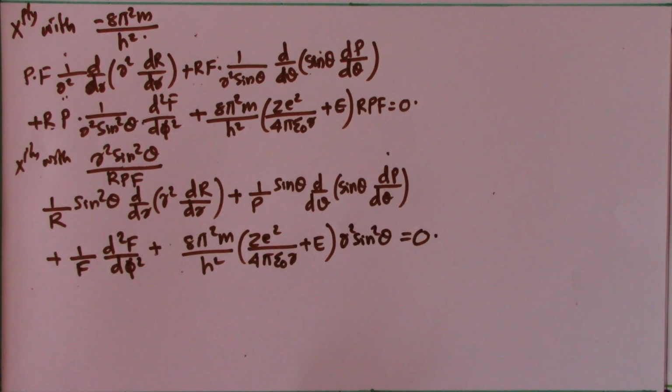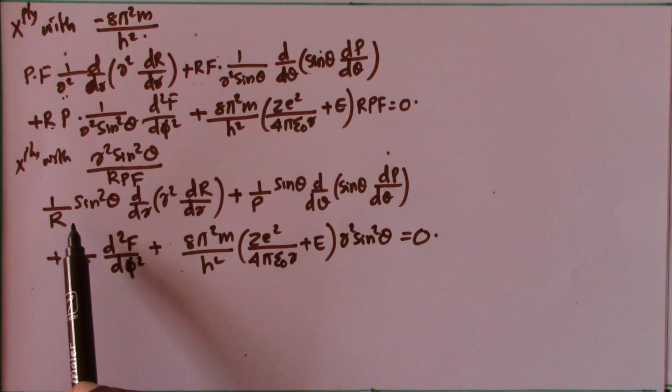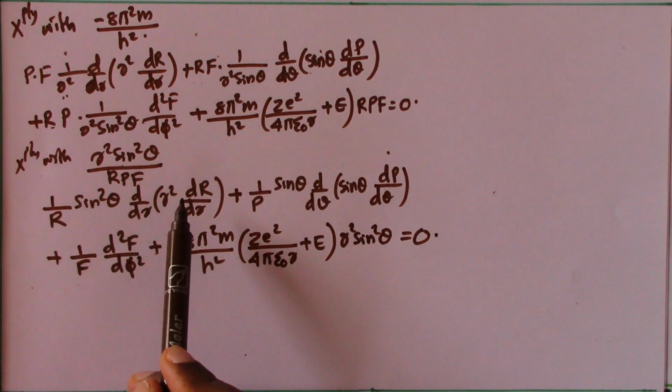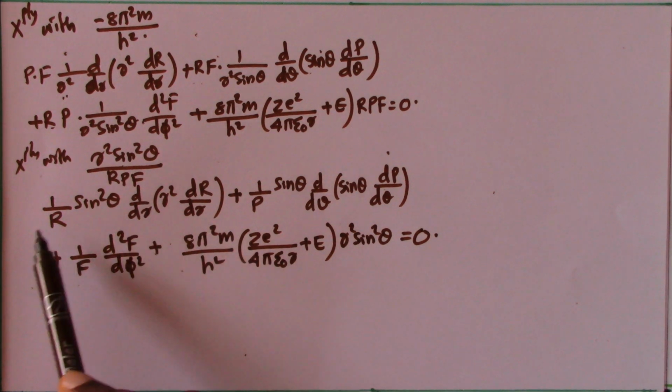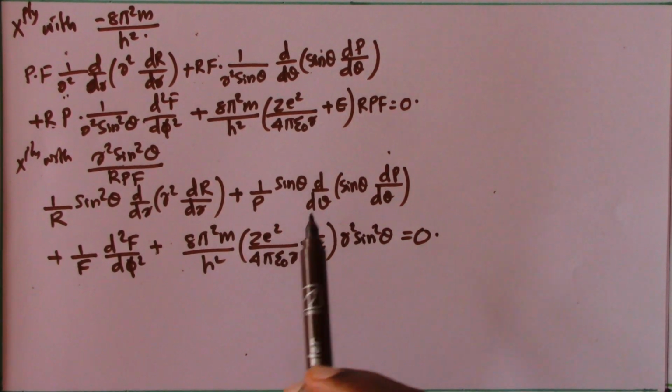So now look at this equation. The first term in this equation is a function of r and theta. Both r and theta are there, so there are mixed variables.